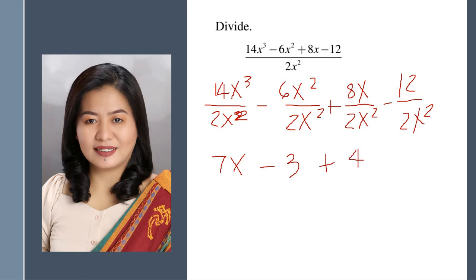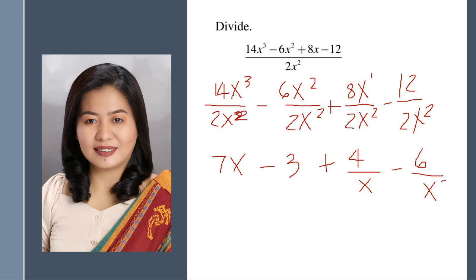But this time, our exponent in the denominator is bigger. So when we simplify, we subtract 2 minus 1, that's 1. But we put the variable where it has the bigger exponent, so that would be placed down. Minus 12 divided by 2 is 6. But the numerator doesn't have a variable, so we just copy the exponent.